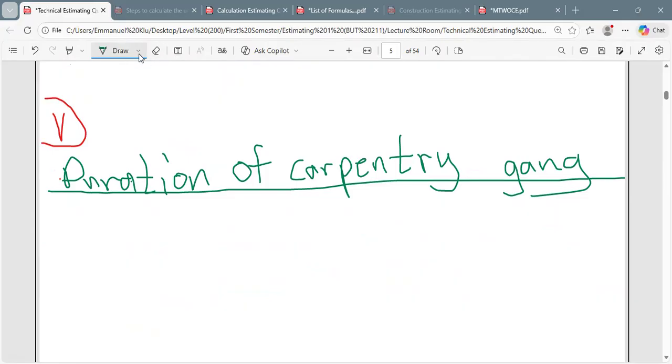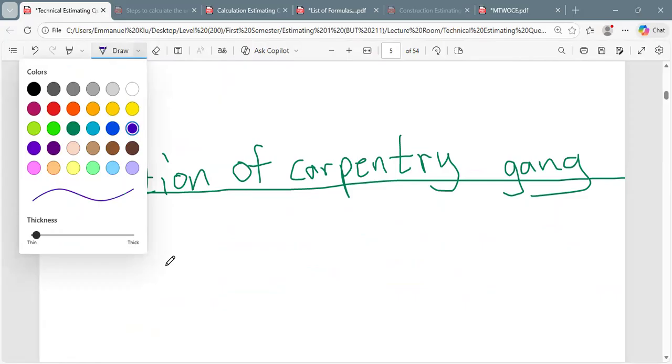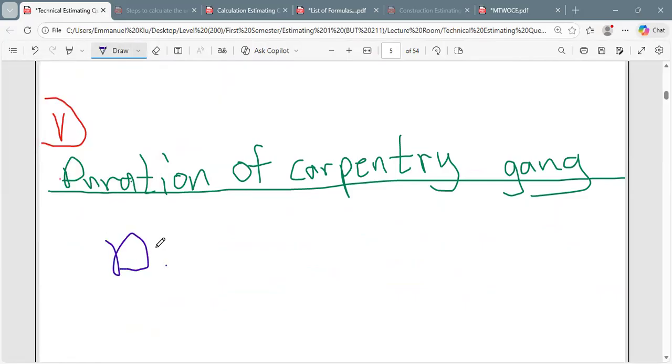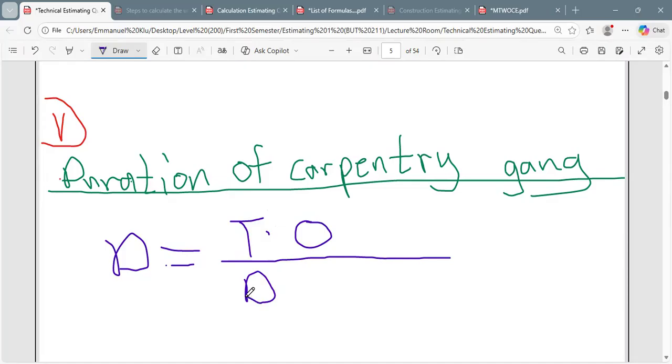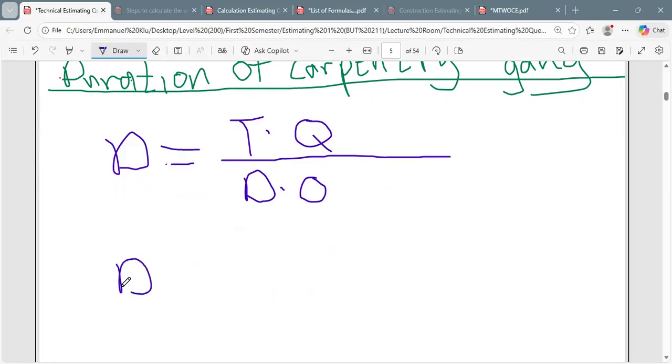Just as we all know, our duration is equal to the total quantity over the daily output. Okay, yes, so total quantity all over the daily output.